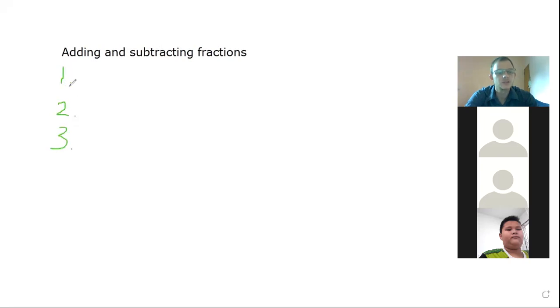Who remembers? Does anyone know what the rules are for adding and subtracting fractions?